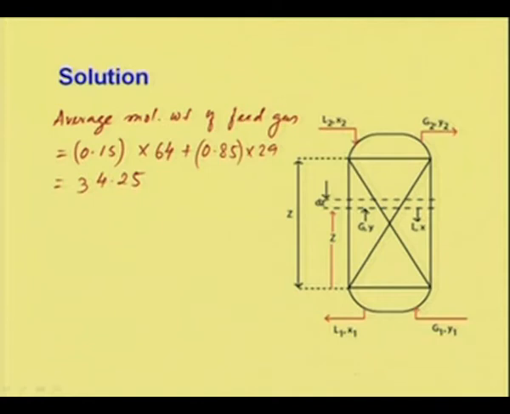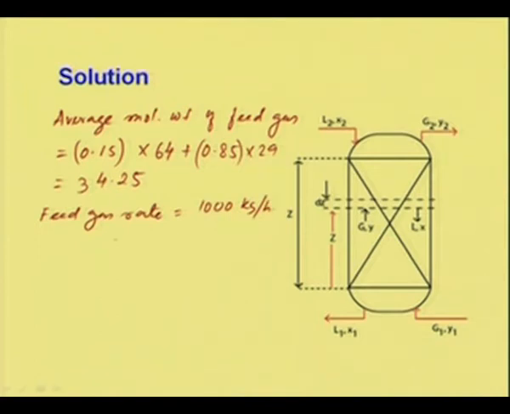Now, the feed gas rate is given as 1000 kg per hour.